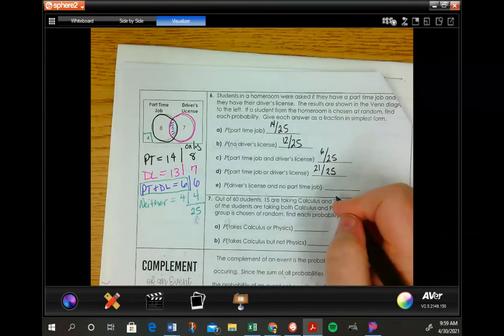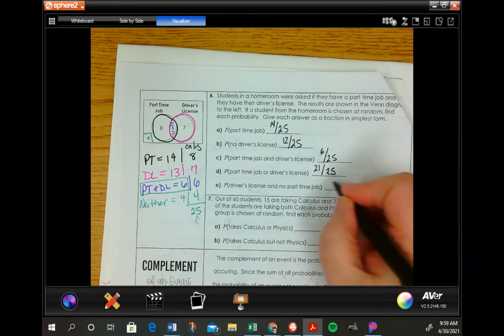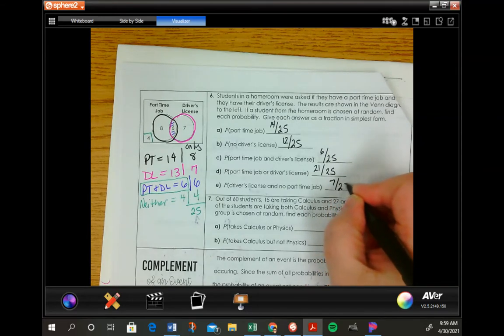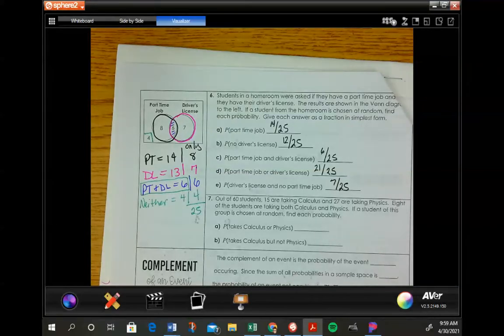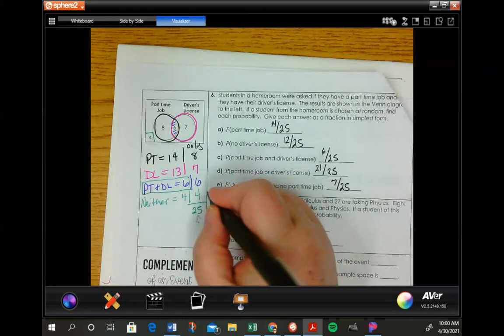Driver's license and no part-time job. That would be 7 over 25. You're looking at just the part of pink. And we're not going to do number 7.